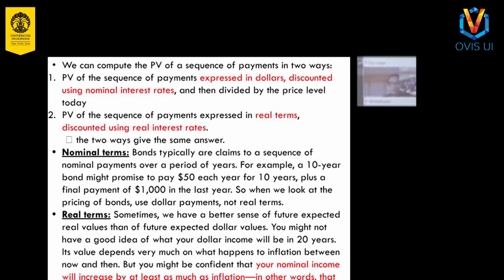If you want to buy a financial asset now and do some calculation, you use nominal value. But in other cases you use the real value, especially if you want to make sure you receive a certain amount of return or money this year from, let's say, bonds that have a 10 year maturity. You don't care so much about how much you will receive every year; you want to make sure your return today is a certain amount. If that is the case, you use the real term approach.